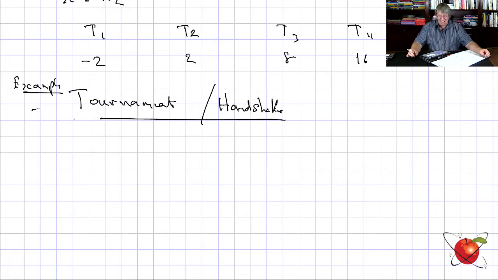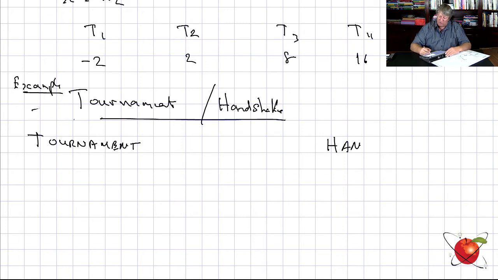In essence, let's think of a rugby tournament. Generally speaking, you don't have two. So let's look at a handshake or a party, or whatever you want to call it. Basically, let's say handshake.